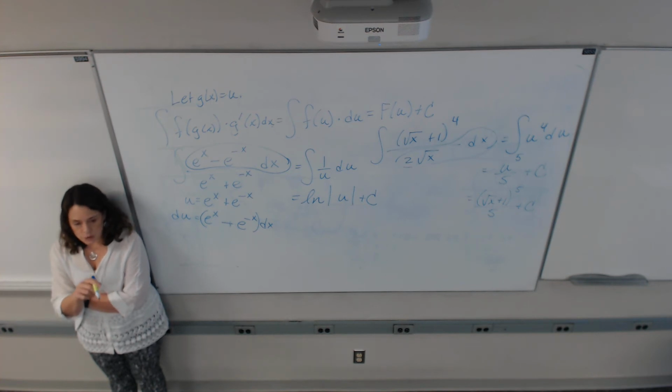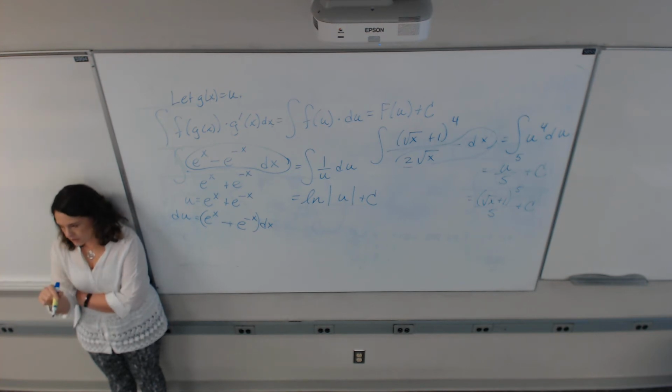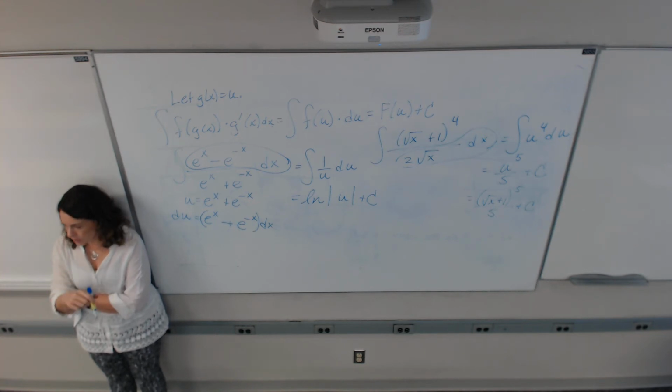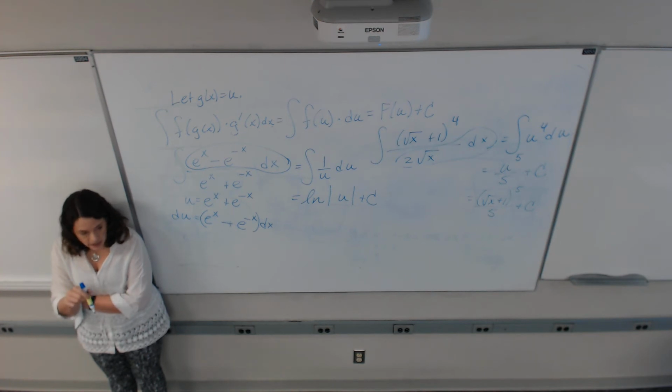And when we do the reverse of the differentiation, we have to force whatever was on the inside to not be negative. So the absolute values are a part of the antiderivative for natural log. Anytime you integrate and you get natural log, you should have absolute values around the argument.